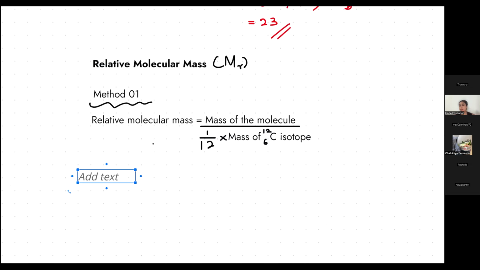Let's look at the textbook, because I don't have these values memorized. So obviously I have to refer somewhere for values. As I said, usually mass values we don't memorize in science. So let's take carbon dioxide. Mass of a carbon dioxide molecule is 7.31 into 10 to the power minus 23 grams.